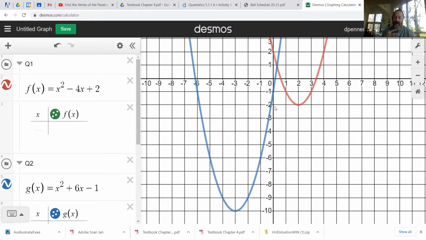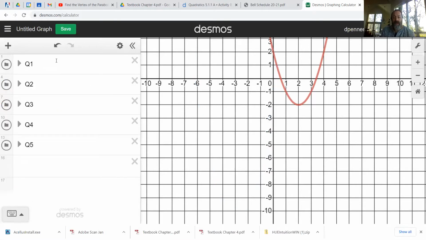Just like in geometry, those are congruent parabolas. They're exactly the same parabola, just moved to different places. What we really need to learn is how to find that locator point, and that's the purpose of this video today: to learn how to find it from standard form. So let's go back to the document cam and learn how to do that.